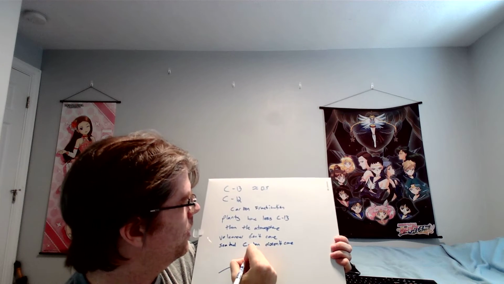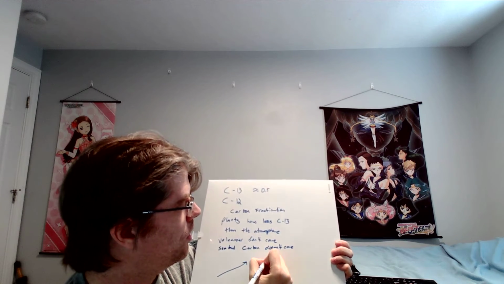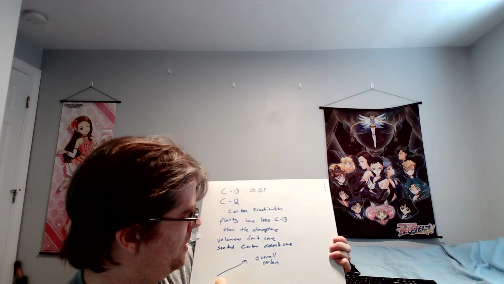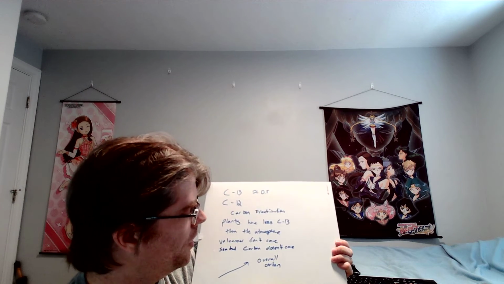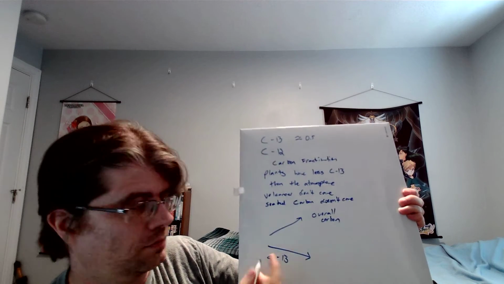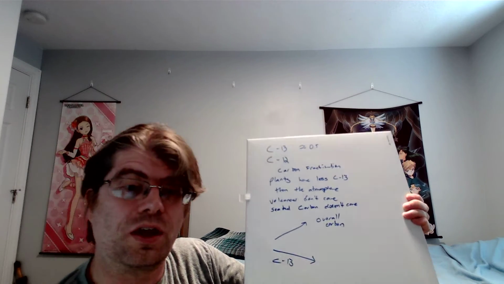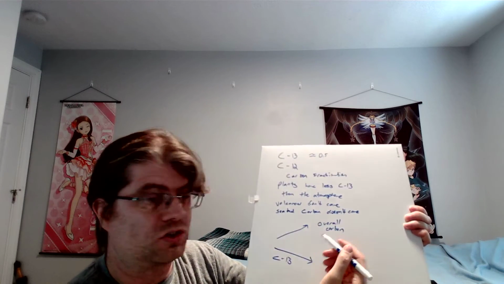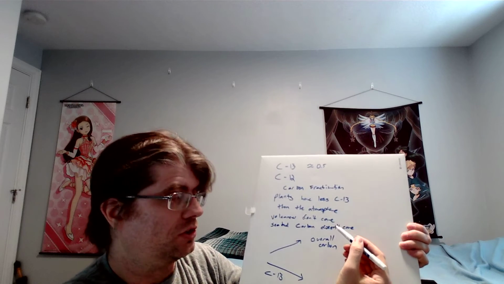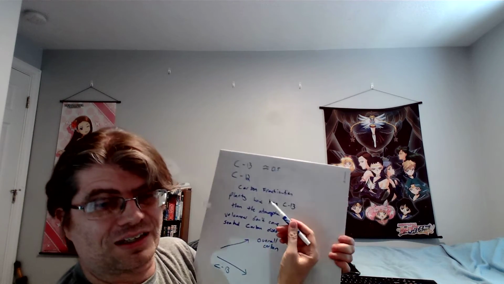We see carbon going up, overall carbon, while C13 is going down, right? That's what we see when we go out and we look at what's going on in the atmosphere. The source is not volcanoes. The source is not the seabed. The source is not any other source but plants.